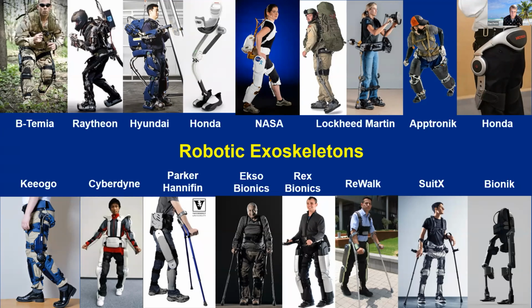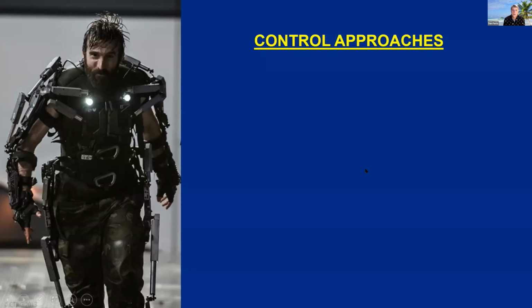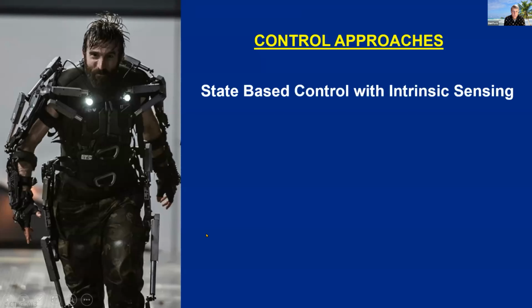But the reality is we can build the hardware right now. It's not as lightweight and not as powerful as we would really like, but we can build the hardware. And right now, the biggest issue we have is control. How do we integrate the exoskeleton device and the actuators so that they move fluidly with the human? When we think about the different strategies, if I try to group them into different categories, the most dominant control approach has been really a state-based control with intrinsic sensing for active devices.